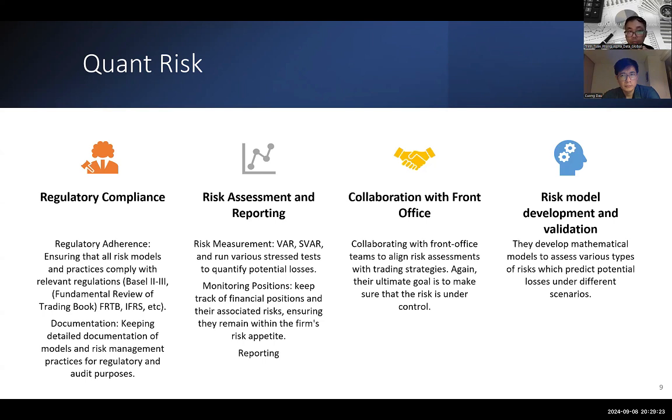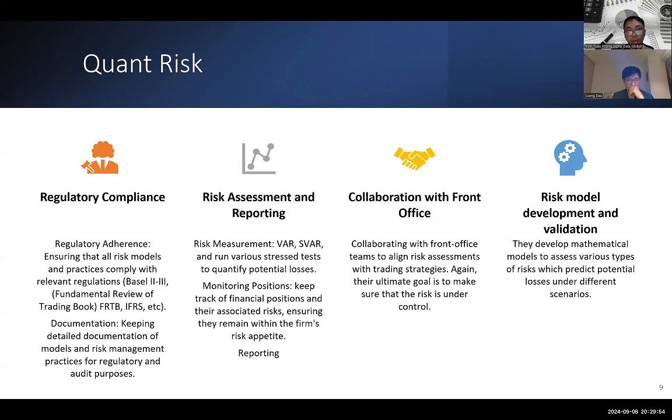I mean Basel 2, 3, the fundamental review of the trading book, FRTB, or IFRS, I mean 9, 7, 19, etc. And for documentation, compliance is very important. So keeping detailed documentation of models and risk management practices for regulatory and audit purposes is very important.